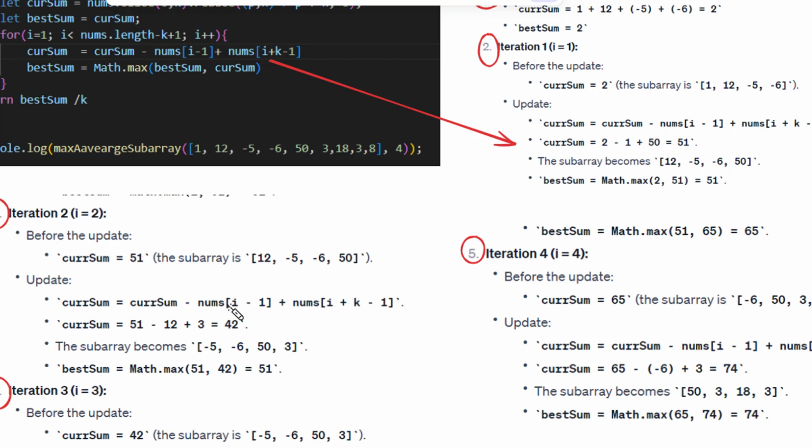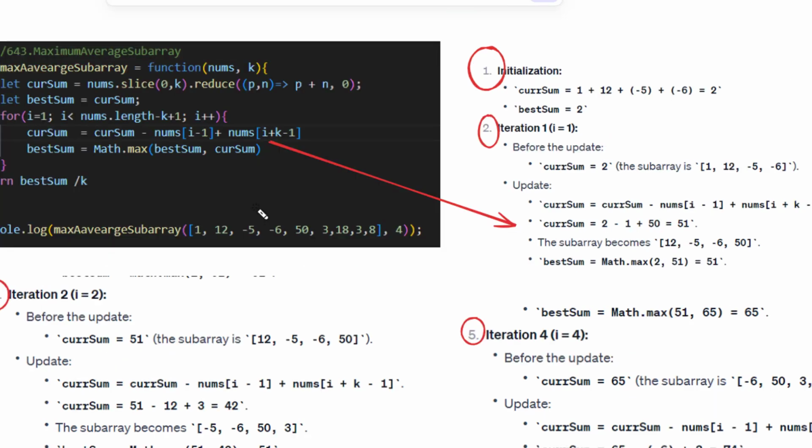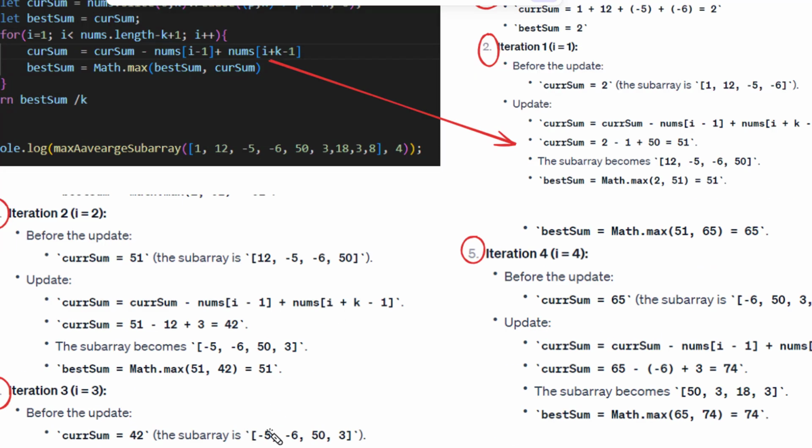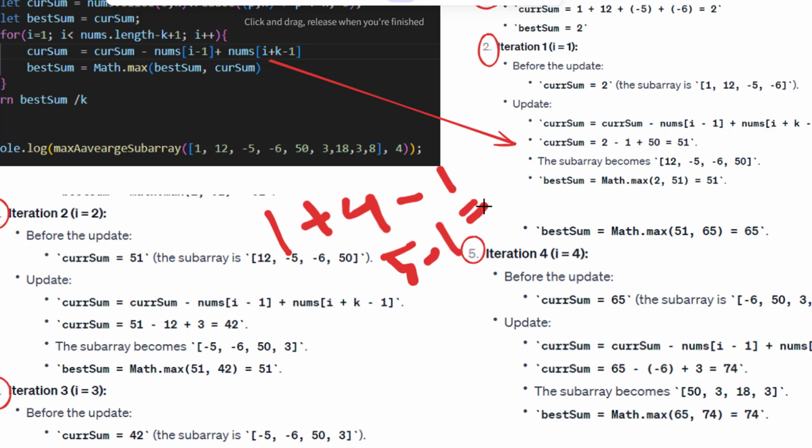The second iteration, so it is 2. So 2 minus 1 equal to 1. So what is in that position? 12. 12 will be minus, and 1 plus k, so 1 plus k means 4. 4 minus 1, I mean 5 minus 1 equal to 4.